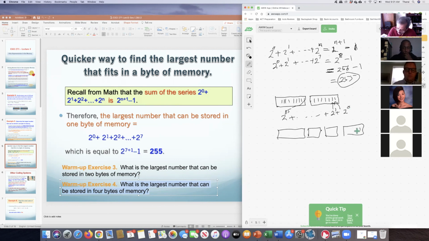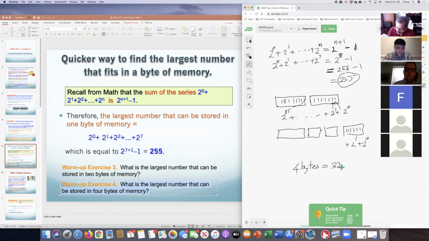The ones in the last bit would correspond to 2 to the 0, plus 2 to the 1, and so on. So altogether, how many bits are there when you use 4 bytes? 4 bytes equal to how many bits? 32 bits.